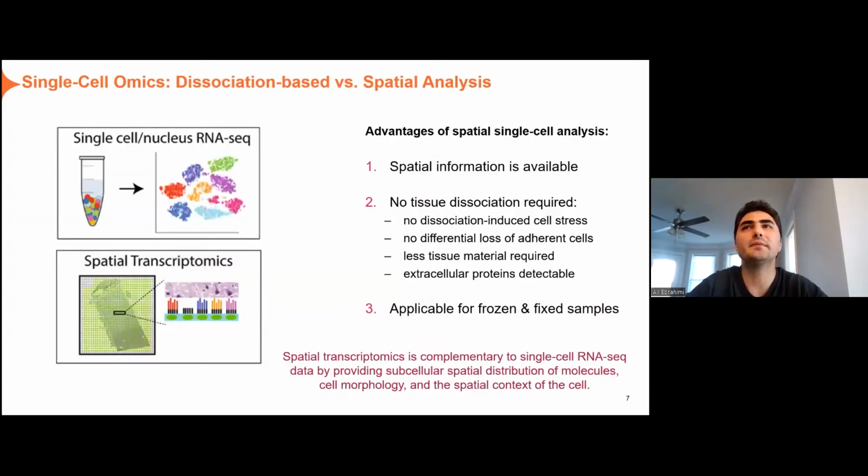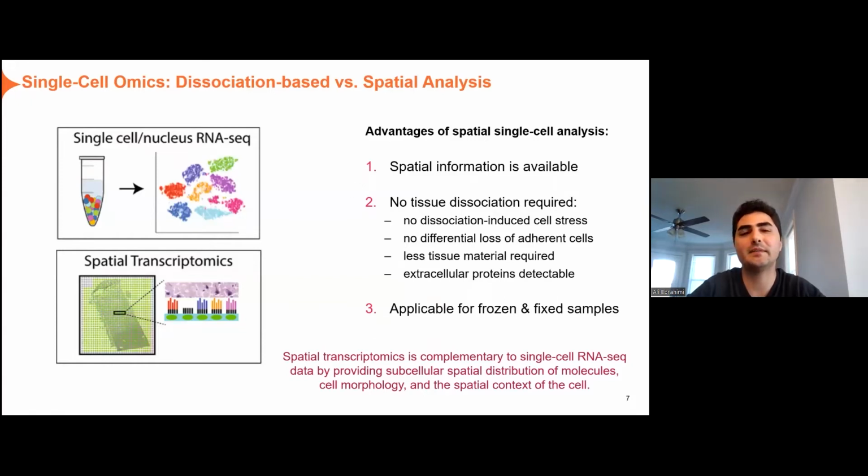One benefit of this technology over single cell, obviously, is that with single cell you don't get the spatial resolution, but also single cell RNA-seq is sometimes biased to cell type.